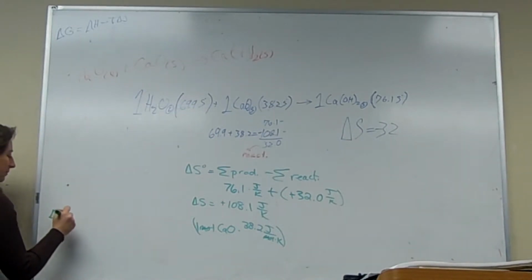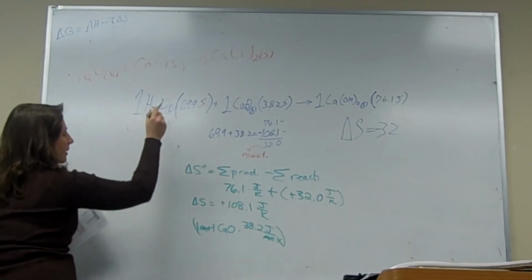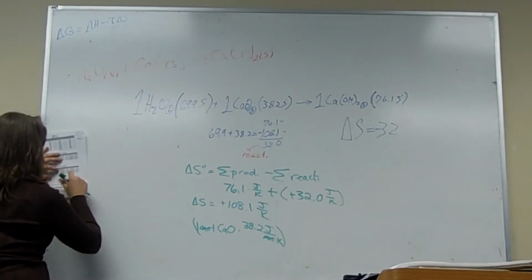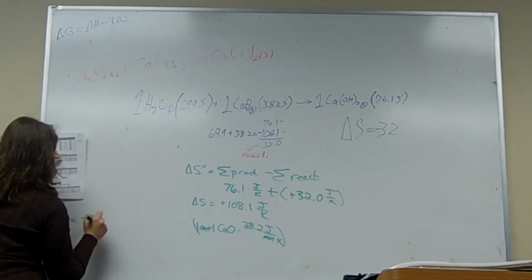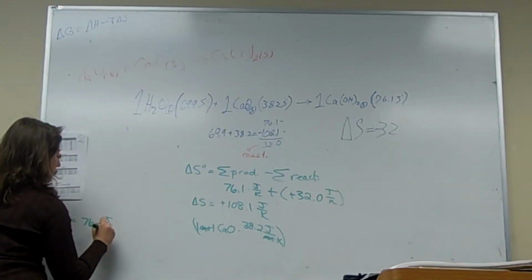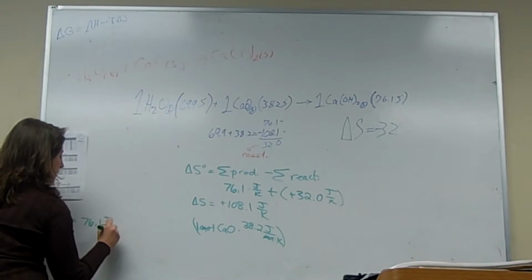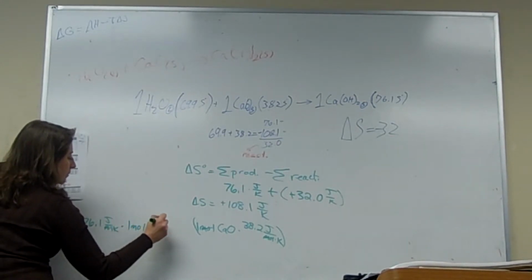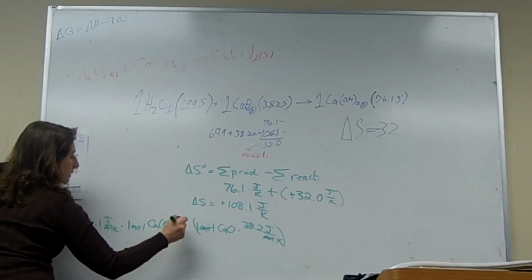The product, calcium hydroxide, is a solid, so 76.1 joule per mole Kelvin times 1 mole of calcium hydroxide.